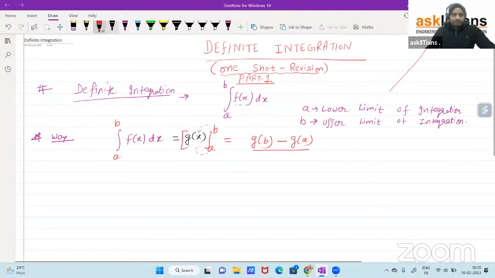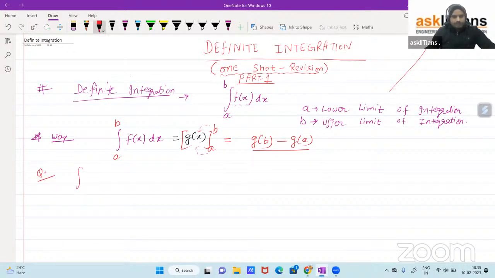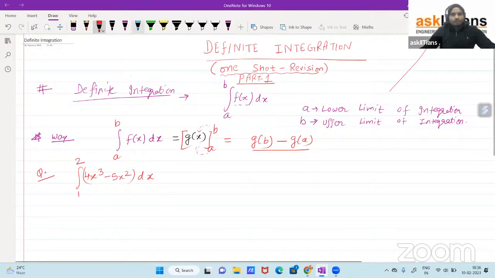Okay, let's see some questions. Let's start with a simple, basic question: 4x cube minus 5x square dx from 1 to 2. So what we will be doing, first we will be calculating its indefinite integration, right?